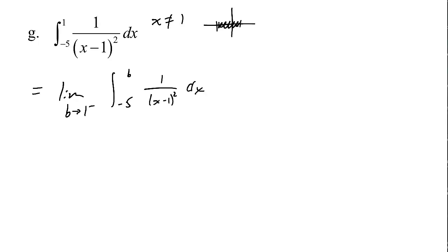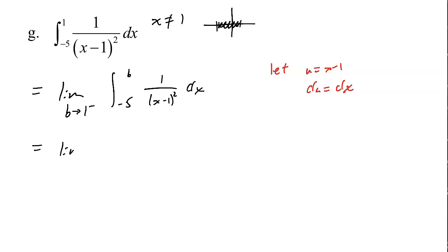And if you need to think about the u substitution, you can say let u be x minus 1, then du is dx. So this is really just 1 over u squared. So limit as b approaches 1 from the left.